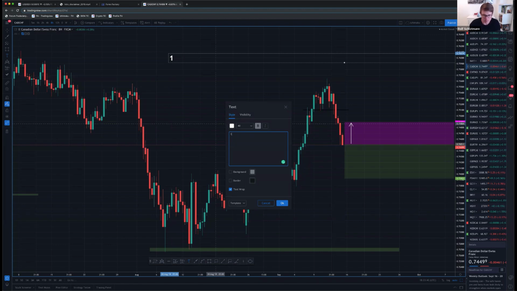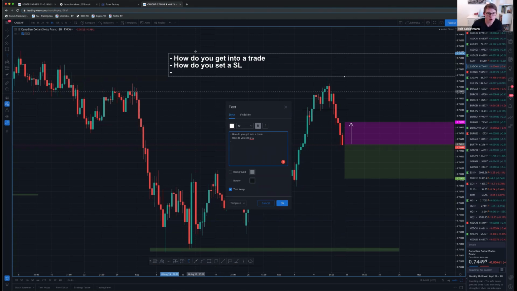What is a system? Of course, how do you get into a trade? And those are the rules. That is, maybe what indicators do you use, the time frames, the signals, what has to happen before you get into a trade? How do you set a stop? This is very important, and many people overlook it because they never go beyond the first point.